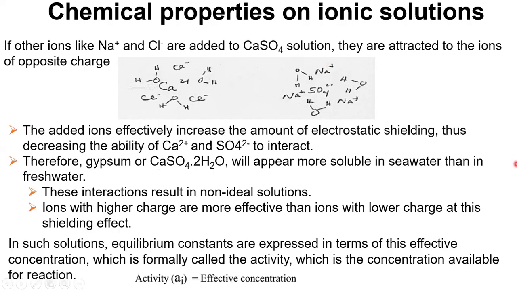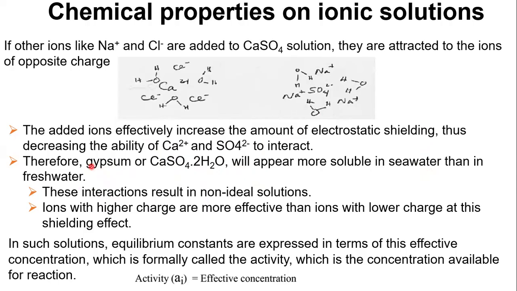There is some English around here. Let me read it. They are saying that the added ions effectively increase the amount of electrostatic shielding, decreasing the ability of the calcium and the sulfate ions to interact. Therefore, gypsum, which is calcium sulfate dihydrate, will appear more soluble in seawater than in fresh water, right?